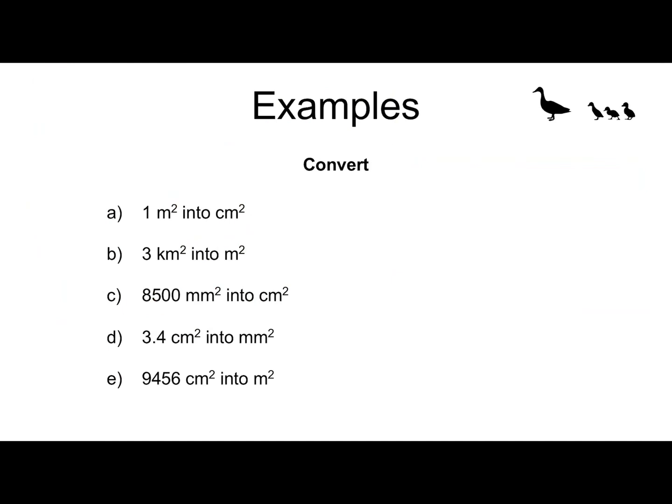So let's just look at applying them. Just going to do 2 examples. Let's convert 3 kilometres squared into metres squared. So I'm going to call that x metres squared. So always write the largest unit down first. So kilometres bigger than metres. So I write that one down first. And then I use the conversion. I say 1 kilometre squared is equal to 1 million metres squared.